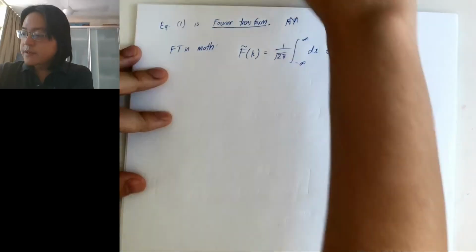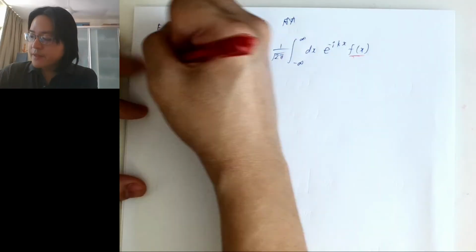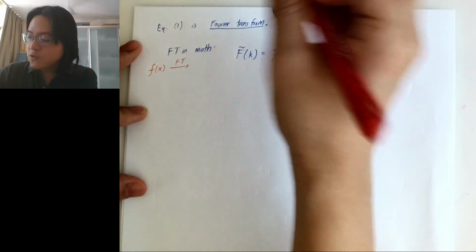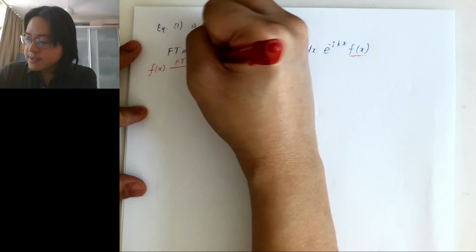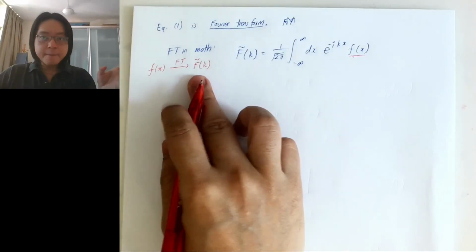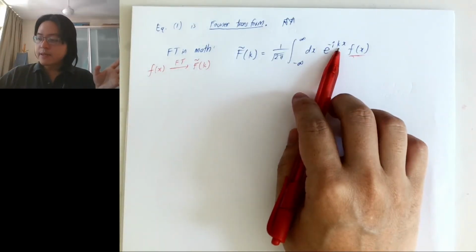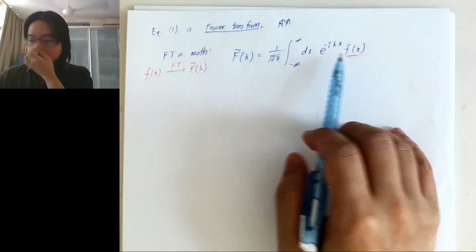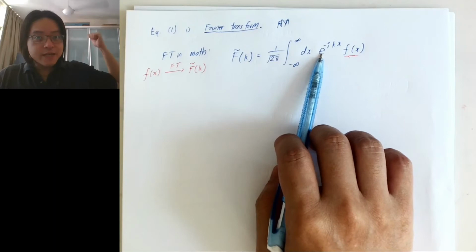So given a function f(x), I can Fourier transform it into a new function that becomes a function of k, and it is related by this. Okay, so it is very similar to our equation just now, right?